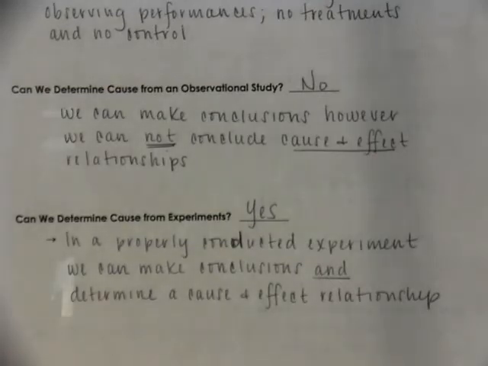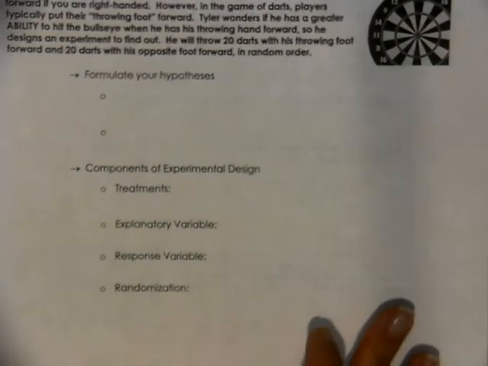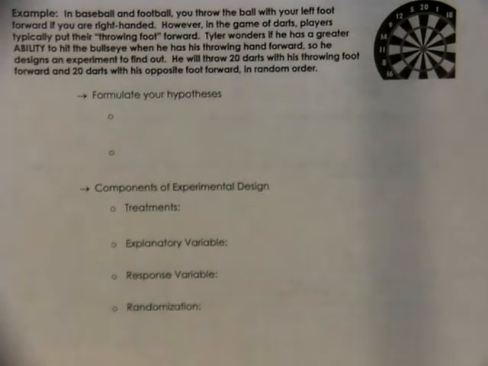Okay? So let's practice this with an example. So it says, in baseball and football, you throw the ball with your left foot forward. Okay, so when you throw a ball, you throw it with your left foot forward if you are right-handed. However, in a game of darts, so if you kind of think about this, you guys, in a game of darts, players typically put their throwing foot forward.